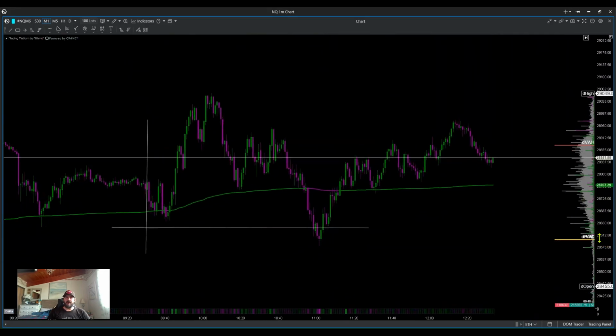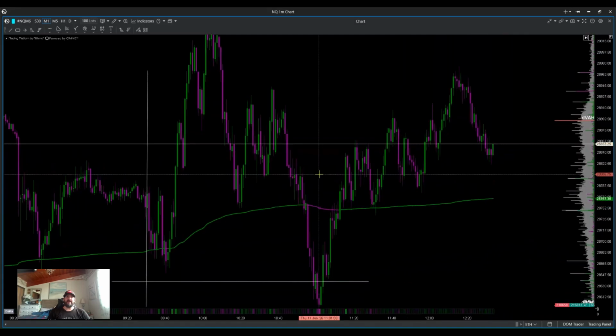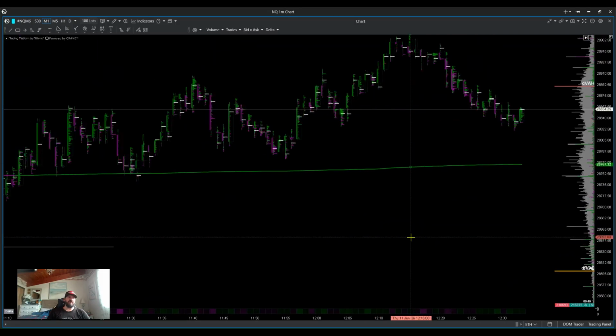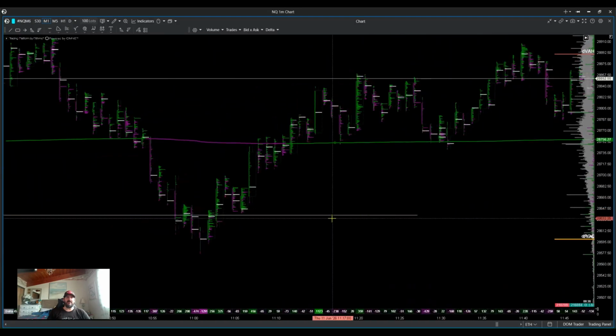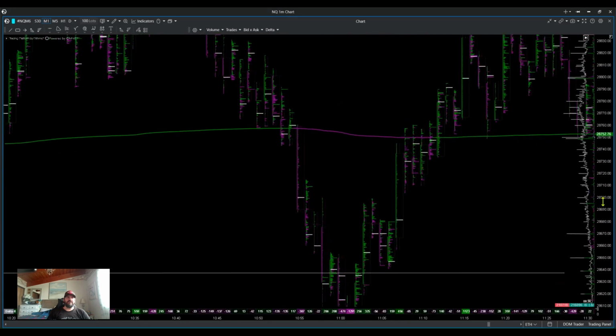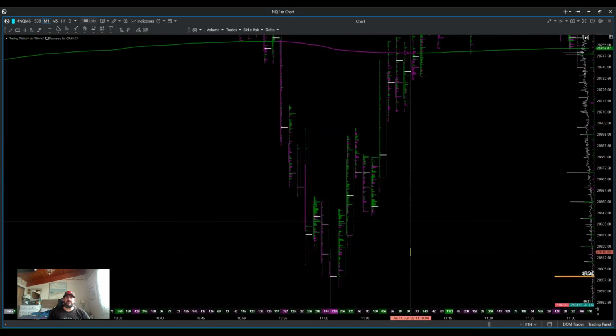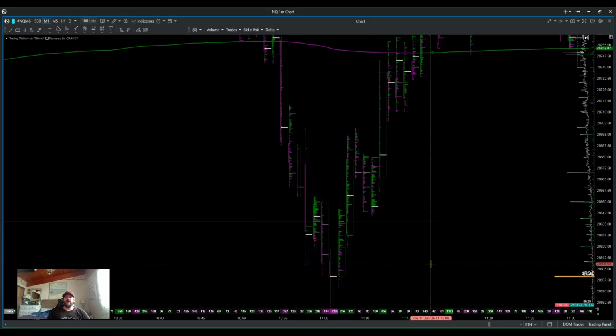What's really cool about this is how I have my candlestick set up. When I scroll in, it will show me the delta profile. Check that out, right? Shows me the delta profile. If you don't know what delta is, all it is is the difference between buyers and sellers, between the buy orders and the sell orders.